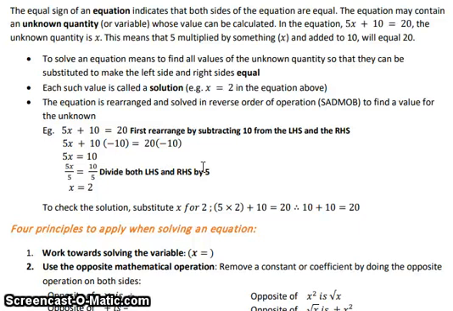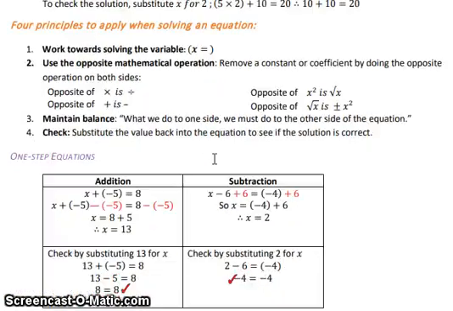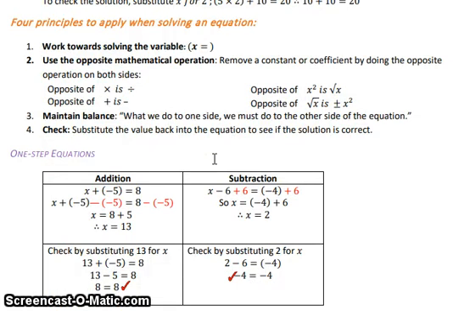So, 4 principles to apply when solving an equation. First, work toward isolating the variable. Use the opposite mathematical operations. Remove the constant or coefficient by doing the opposite operation on both sides. The opposite of multiplication is division, the opposite of plus is minus, the opposite of square is root, and the opposite of root is square.